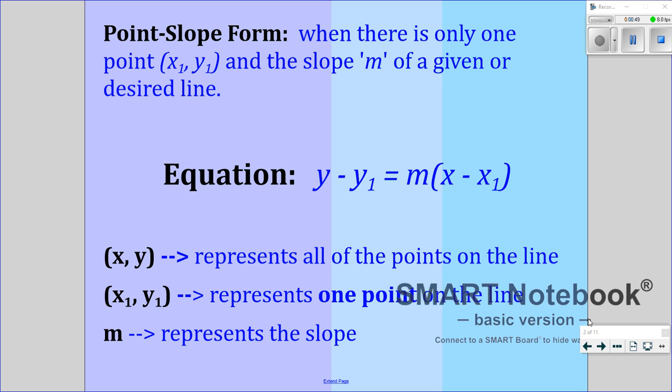So x, y, just by itself, represents all the points that are on the line of that equation. x1, y1 represents one point on that line. So big difference: x, y represents all the points that would satisfy this equation, and x1, y1 is just one of the many points on that line. And as you already know, m represents the slope.